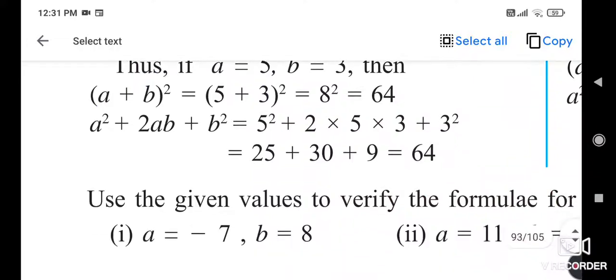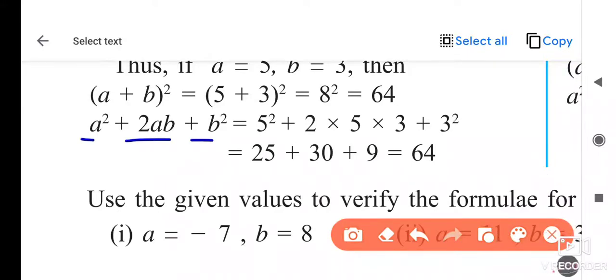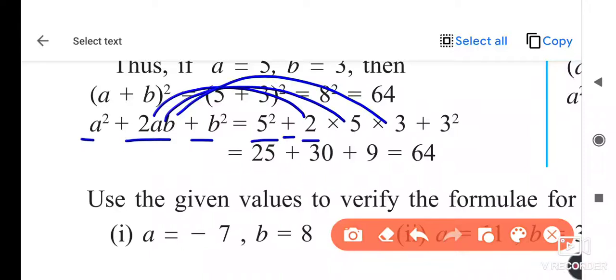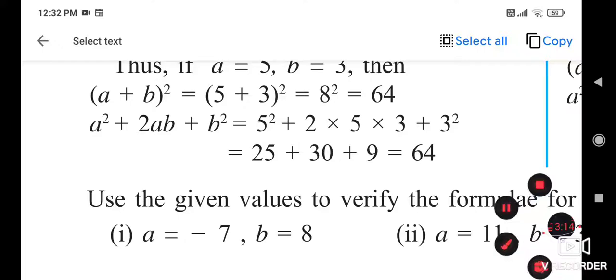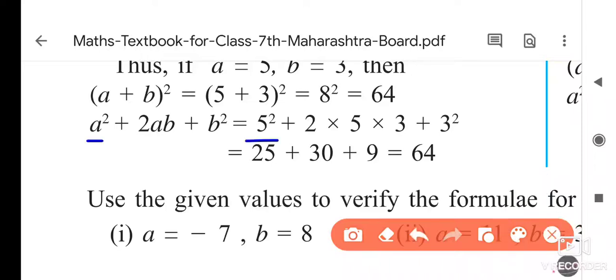Now according to the formula we have to check a square plus 2ab plus b square. So a square, a's value is 5, so 5 square, plus 2 into a, which is 5, into b, which is 3, plus 3 square.